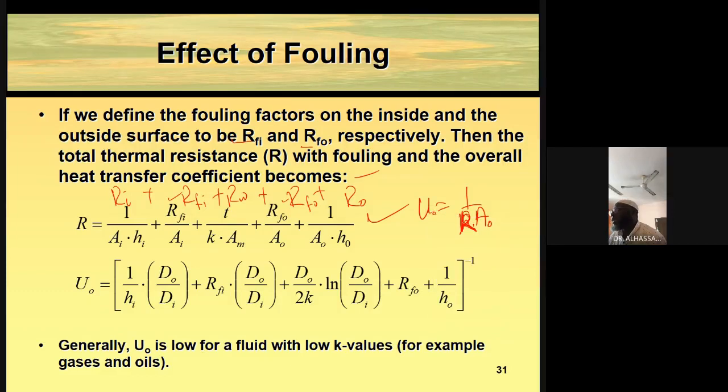So 1 over R. It means if we know the total thermal resistance, which is this, we just multiply the whole of this equation by AO. So then the resulting equation is this. Generally UO is low for fluids with low thermal conductivity values. And it is true, if you have a fluid with a very low thermal conductivity, such as gas or oil, then the value for U is very low as well.